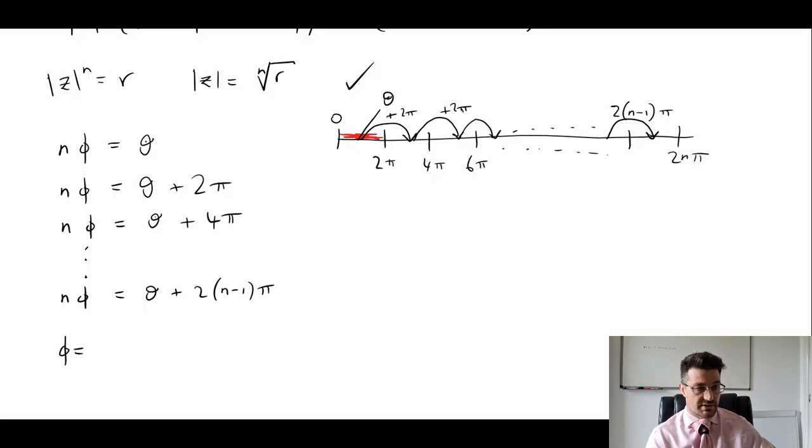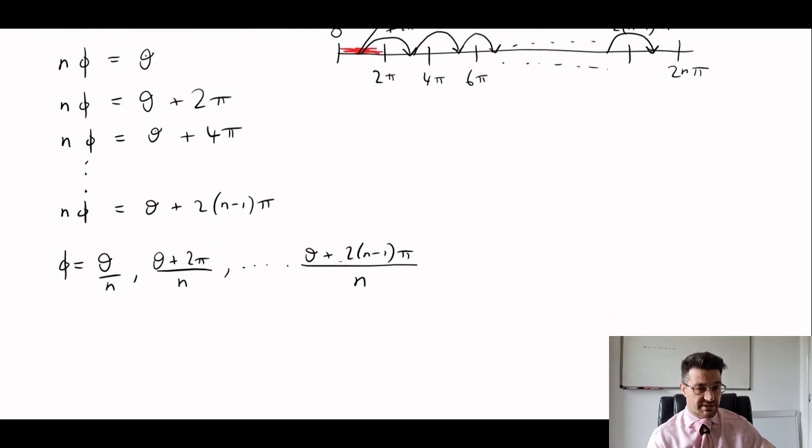be phi equals theta over n, theta plus 2 pi over n, all the way up to theta plus 2n minus 1 pi over n, which I could write more succinctly as the following.